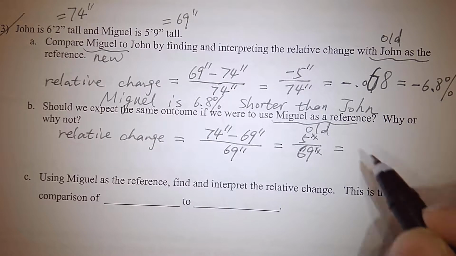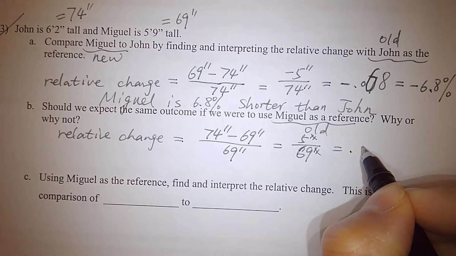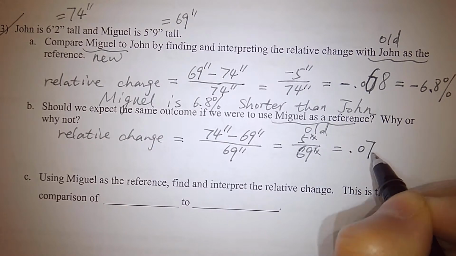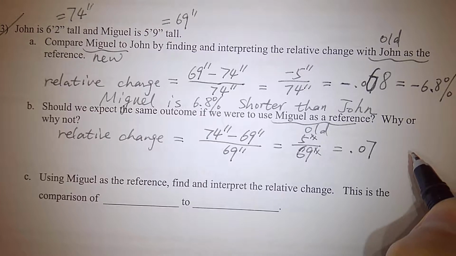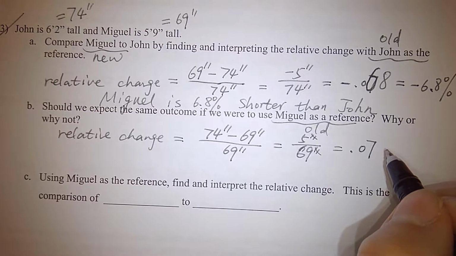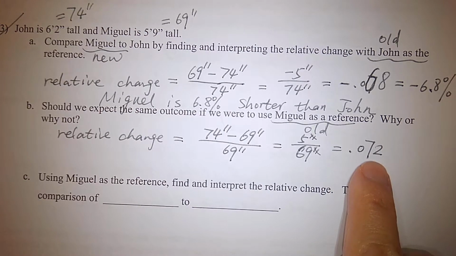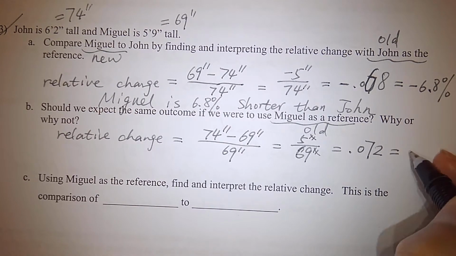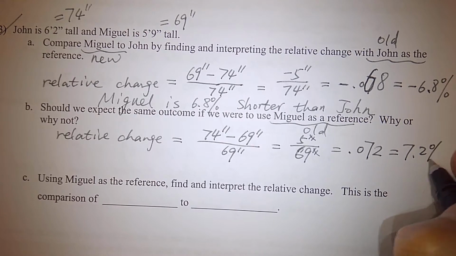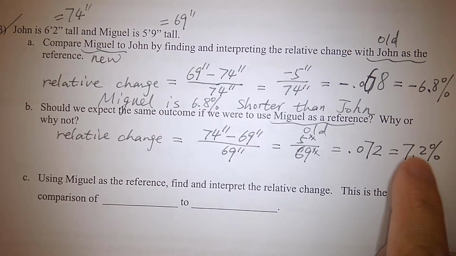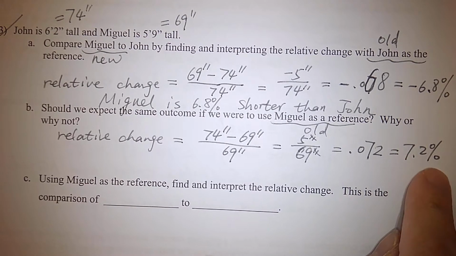What do you get? I get 0.072. In percent, it is 7.2%.